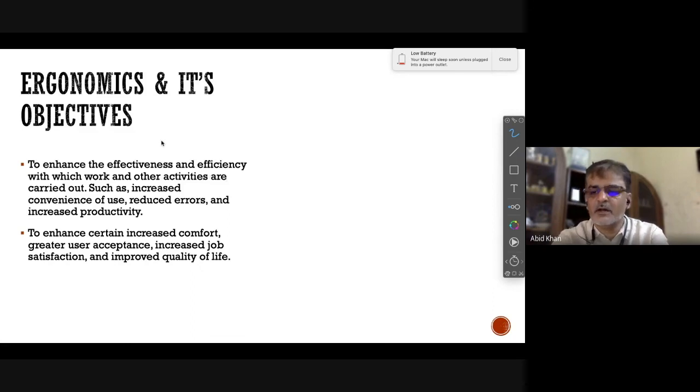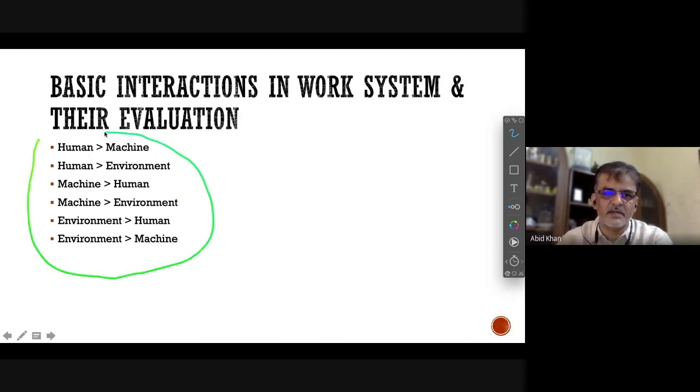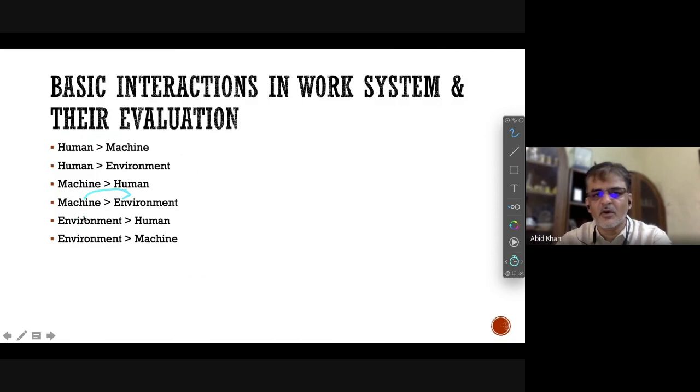Basically, we are improving the quality of life here. As I've already explained, it is nothing but human-machine-environment interaction. Sometimes human affects the machine performance, sometimes human affects the environment, sometimes machine affects the human, sometimes machine affects the environment, or environment affects the human, or environment affects the machine.